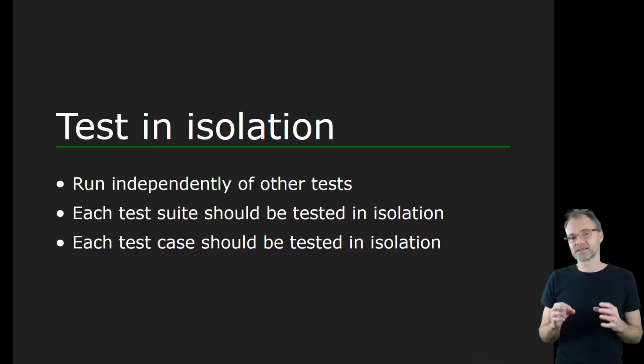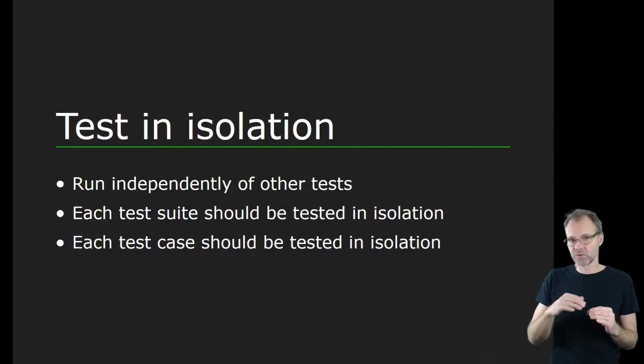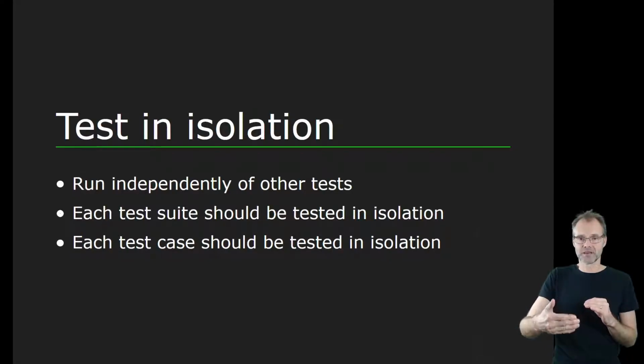Isolation also means that each test case, each test method, must be able to execute without dependency on all the other test methods. So in general you should not build up a sequence of tests where I first test this, then that, and it should be in that order.